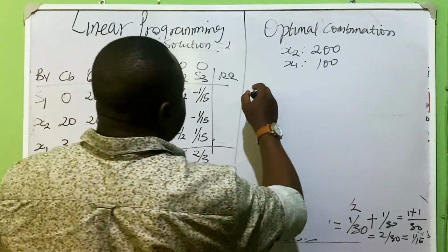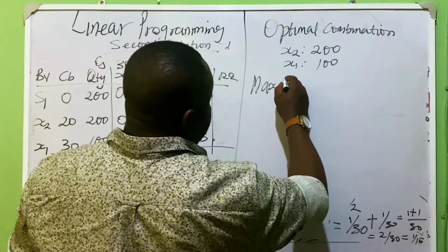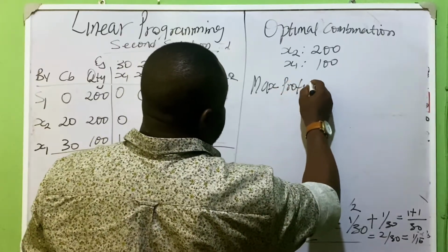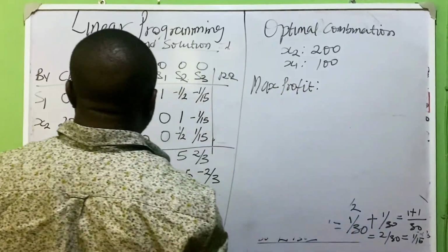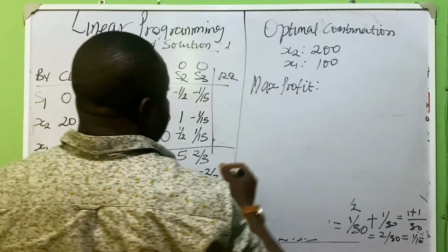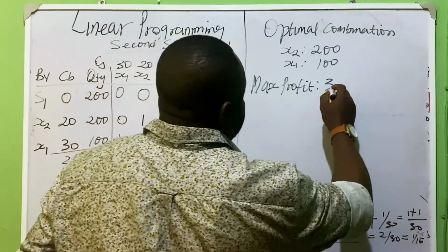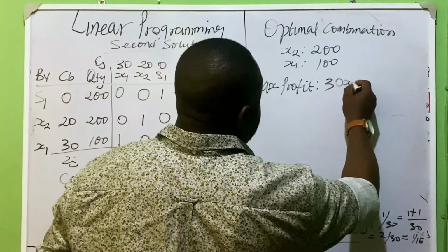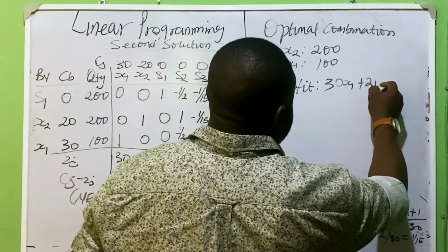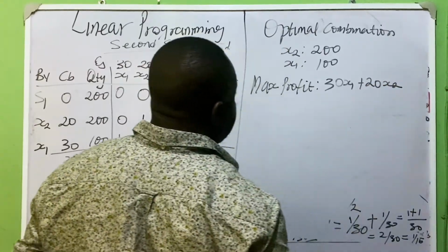And the objective function is to maximize profit, which is 30 by x1 plus 20 x2.